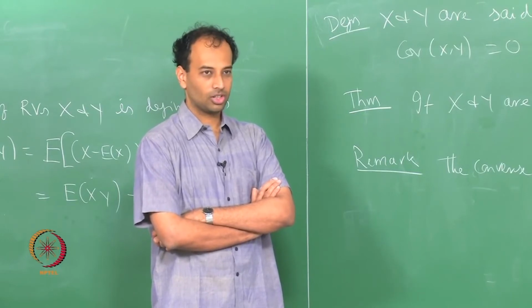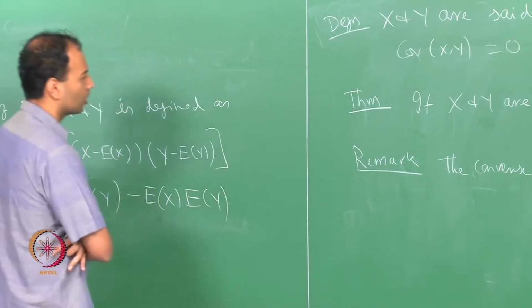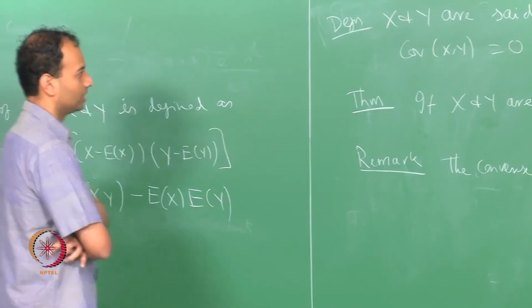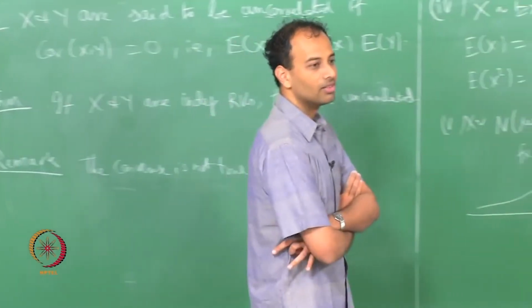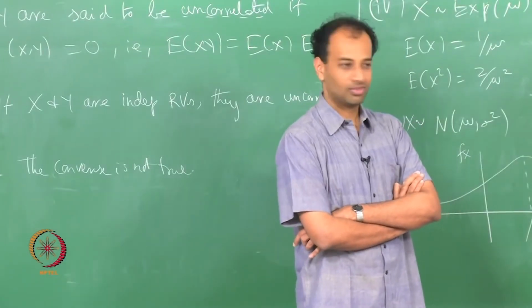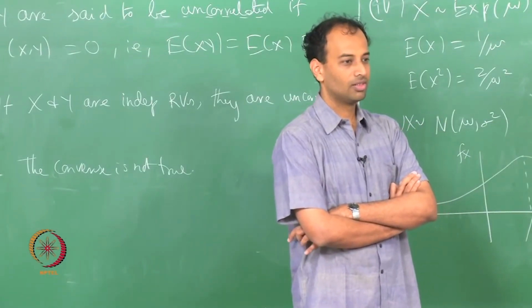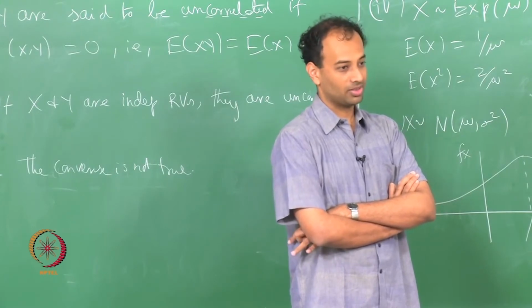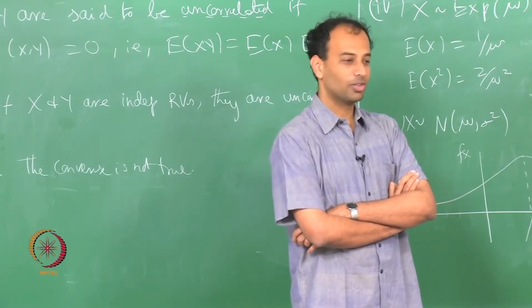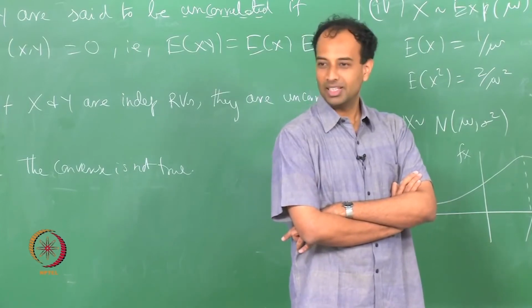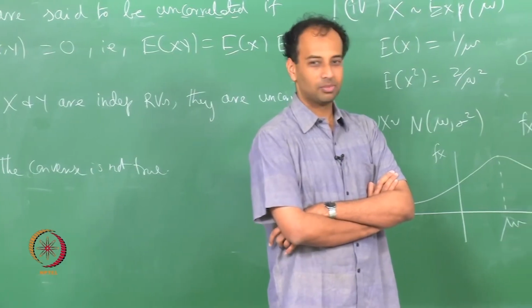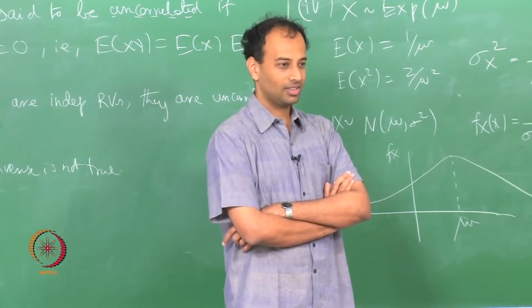Constant random variables? If two random variables are both constant, the sigma algebras they generate are simply omega and phi.